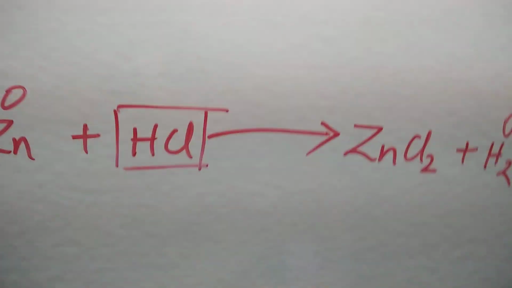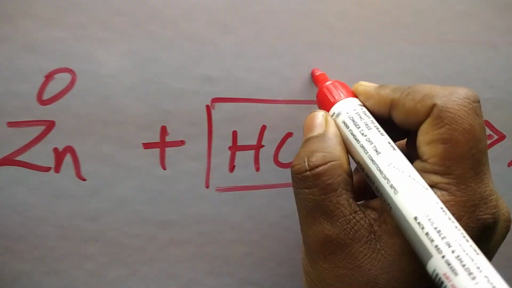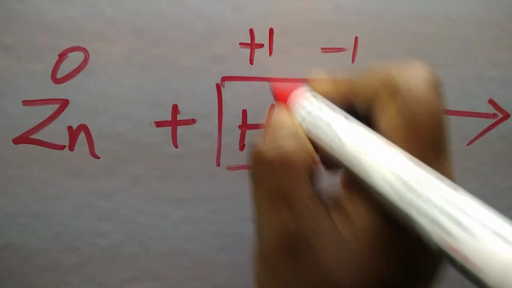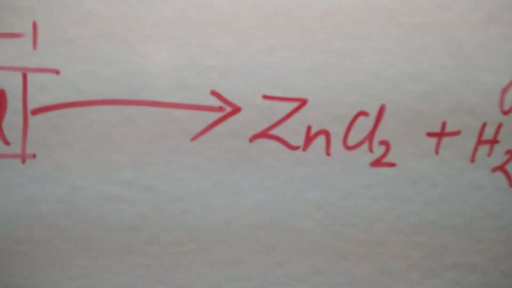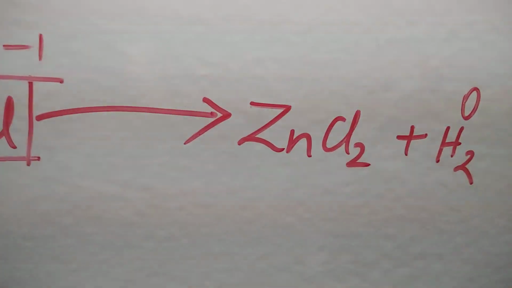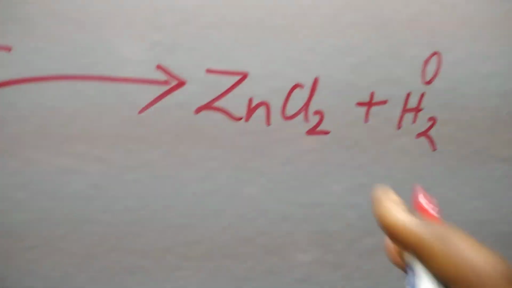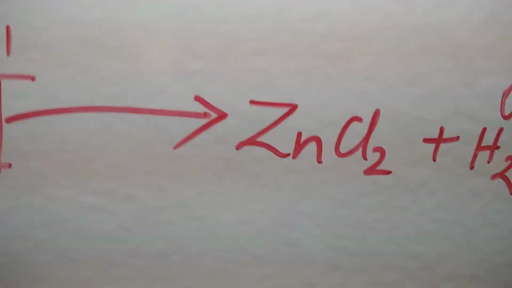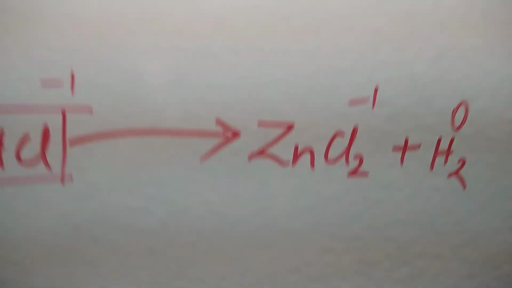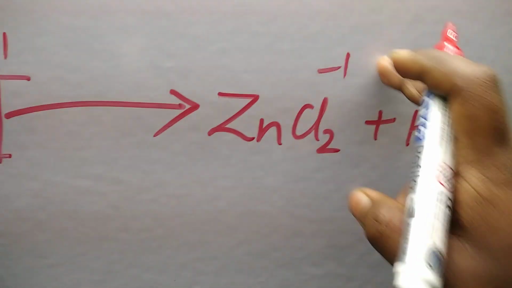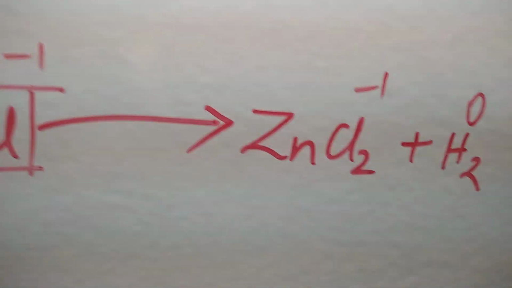But here we will see HCl and ZnCl2. See, for chlorine we know -1, and for hydrogen in HCl we know +1. And for zinc and chlorine, let's check it out. If you forgot the charge of zinc, don't worry. Just remember what charge chlorine carries, that is -1. Let's put -1 here. See, -1 into 2. How many chlorines are present? 2 chlorines are present.